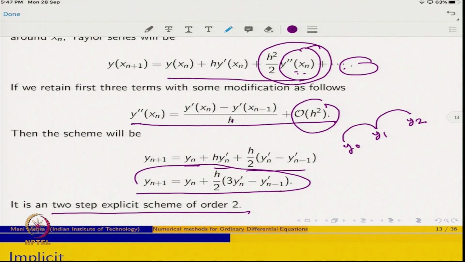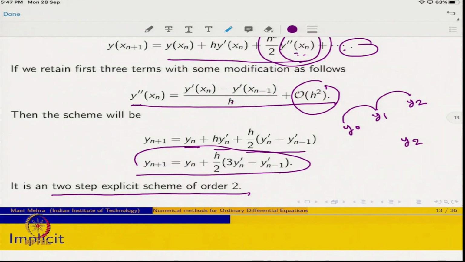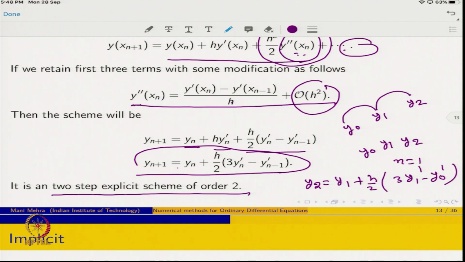But here to compute the value of y2, I need the value of y0 as well as the value of y1, okay, because if I substitute n equal to 1 here, this will be y2 equal to y1 plus h by 2 times 3 y1 dash minus y0 dash, okay.